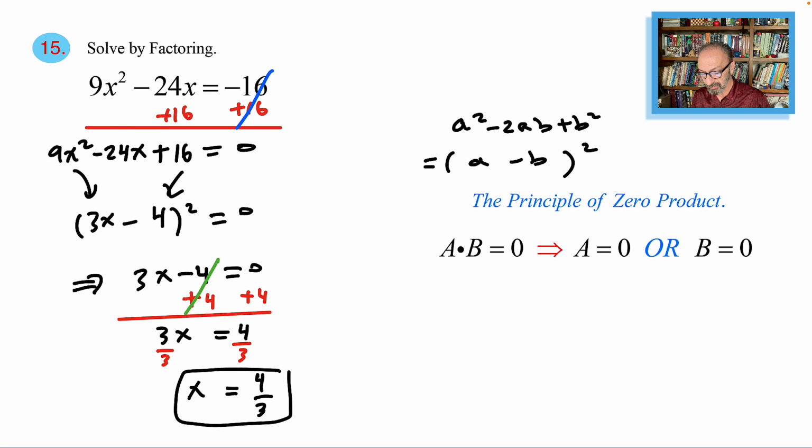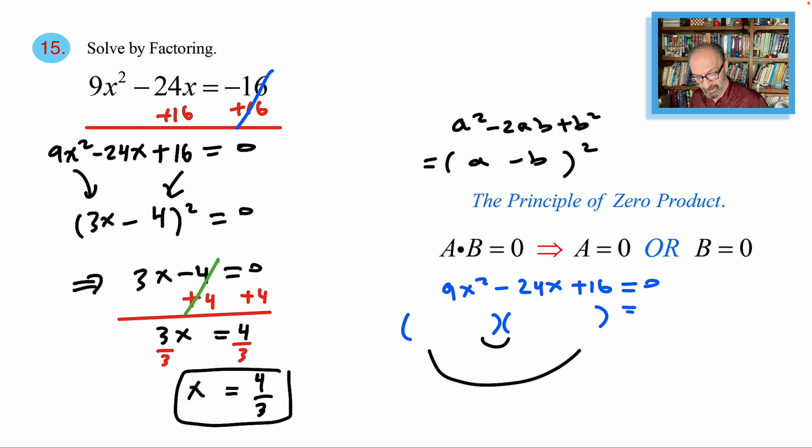Of course, if you attempt to factor it, you're going to end up with the same thing. And this is what I mean. So if you have 9x to the second minus 24x plus 16 equals 0, and you want to factor it, we need to end up with the sum right here for the in and out to add up to negative 24x, the middle part.